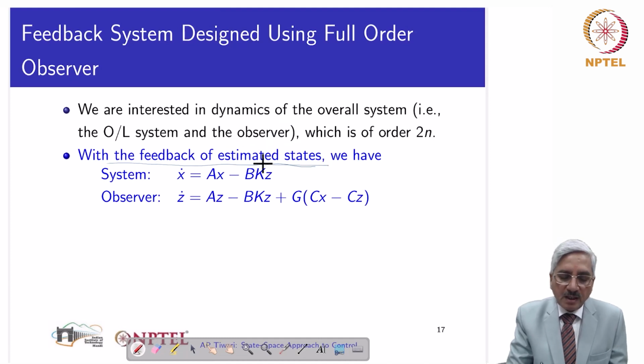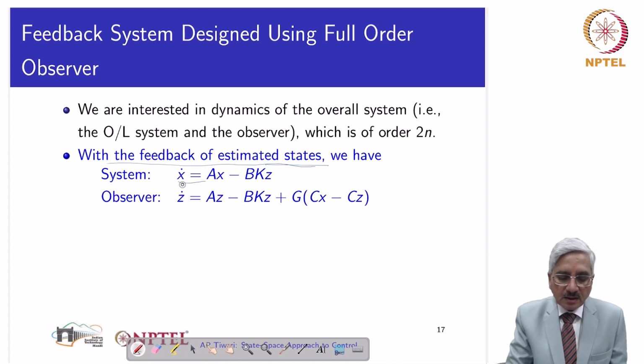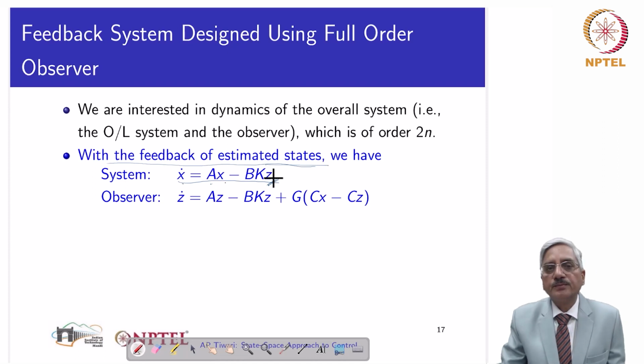So when we have the feedback of the estimated state, the system is x dot is Ax minus BK. See, it would have been x, but now we are forcing it to be z.